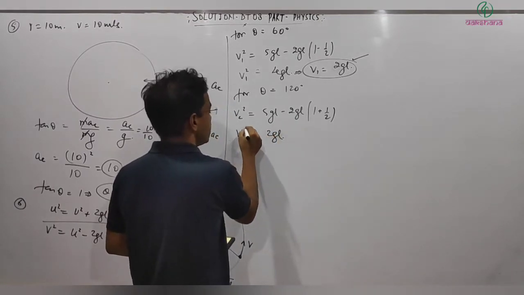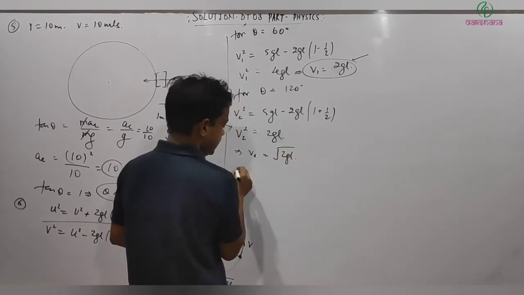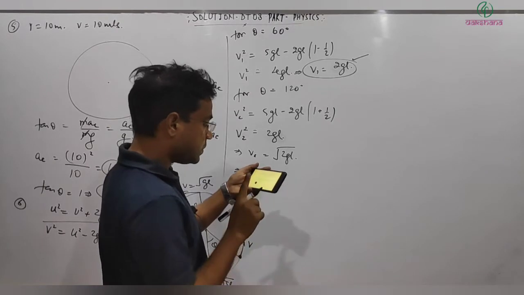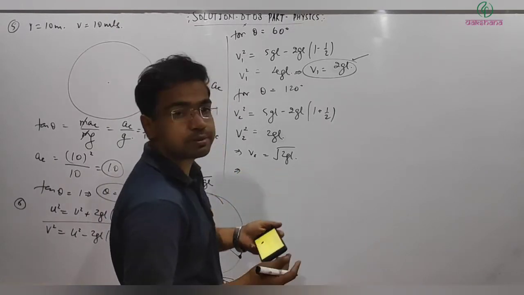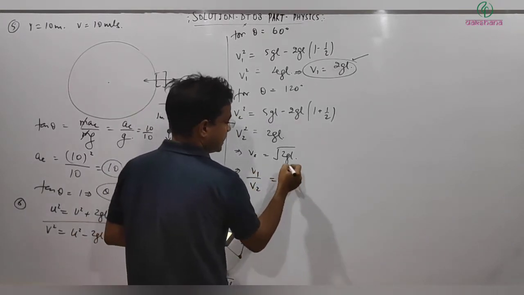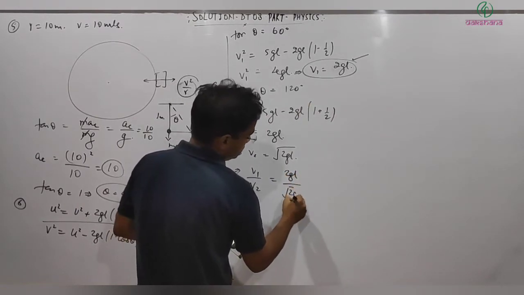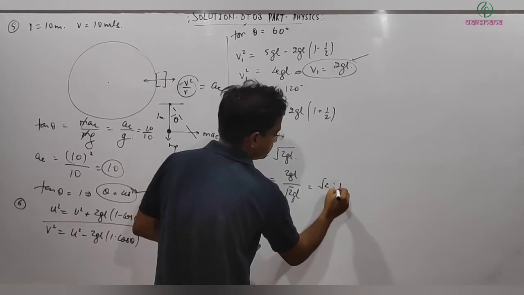Then v2 square is 2gl, this implies v2 is equal to under root 2gl, and now it's asking the ratio, okay, the ratio of velocity of body at an angular displacement 60 to 120 degree. So that means v1 by v2 it's asking, and that is equal to 2 root gl divided by root 2gl, that is equal to root 2 versus 1.